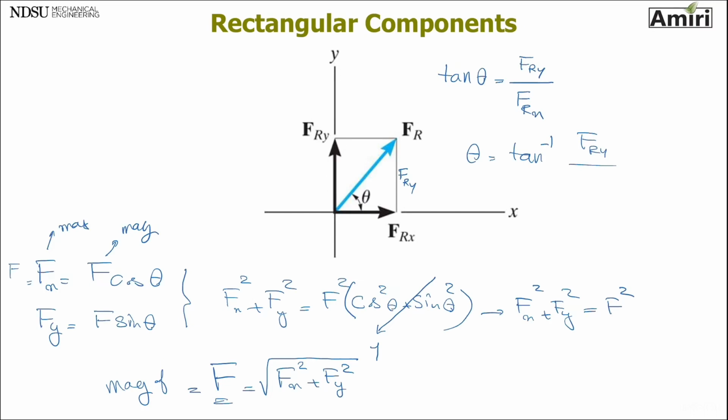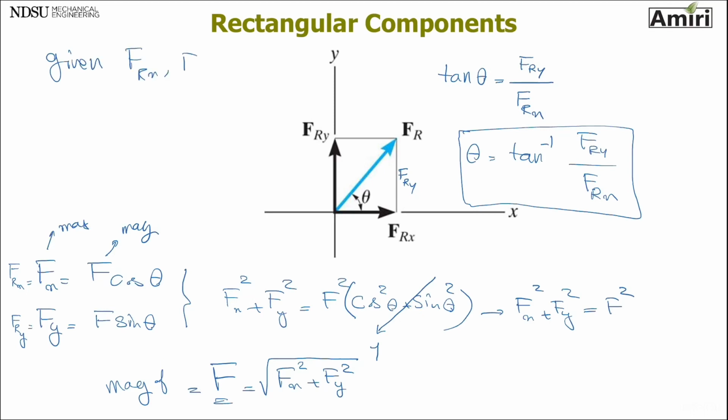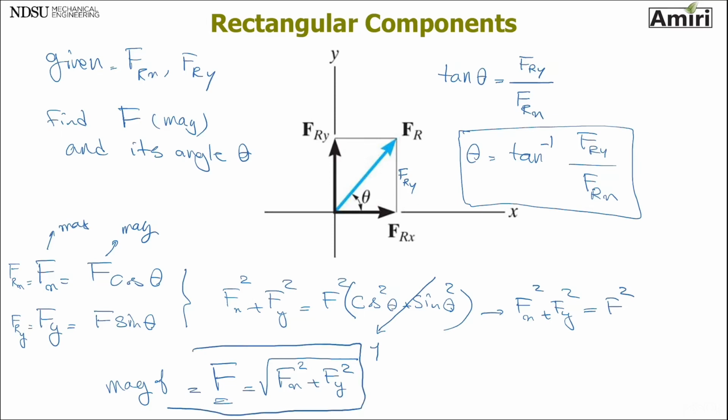Here I just noticed I used a different notation, frx and fry, just the same as f with an extra r. So if the components fx and fy are given, and you want to find the magnitude of f and its angle theta with the x-axis, this is how you can find the magnitude of f and the angle.